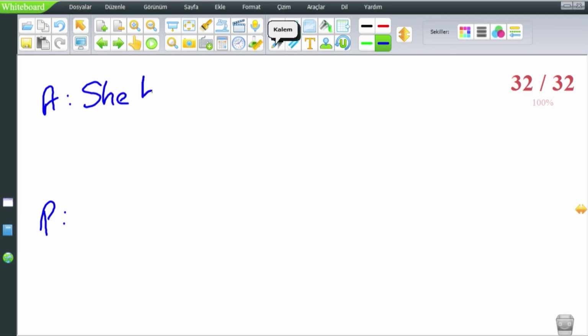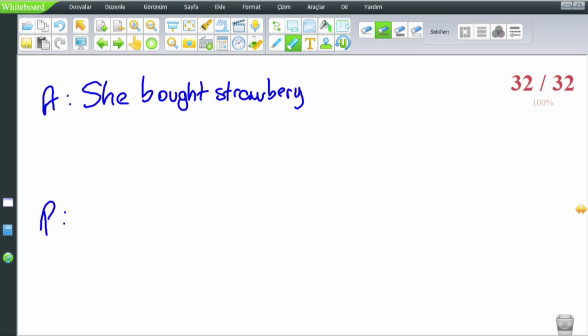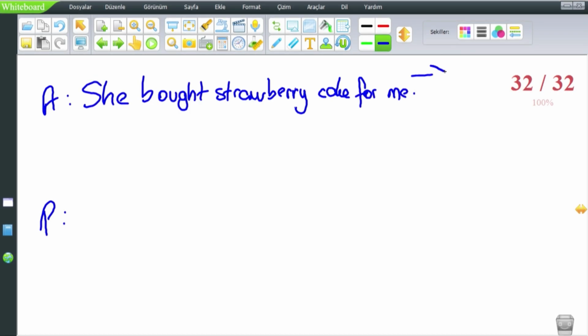She bought strawberry cake for me. I'm looking at my tense. I see verb 2, past simple, and I'm looking at my object.